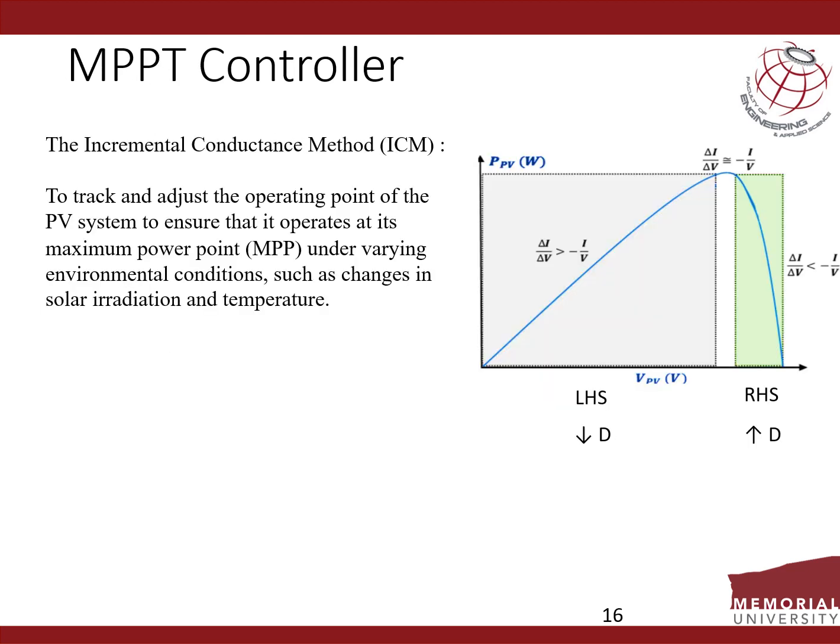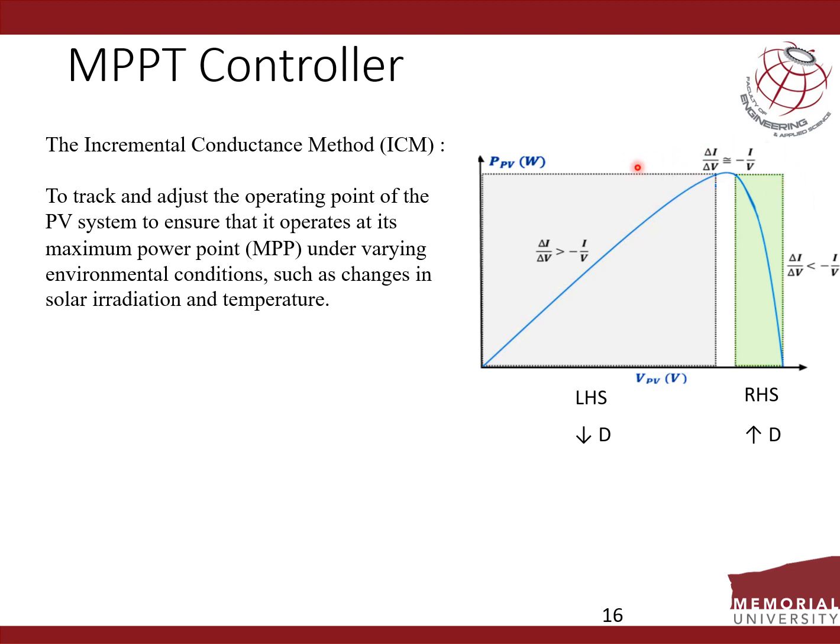Here is an explanation of the incremental conductance method, which we used for maximum power point tracking in our photovoltaic system. It is clear the objective is to continuously track and operate the PV system at its maximum power point, which is here. The method utilizes the ratio of change in current to change in voltage as a reference.